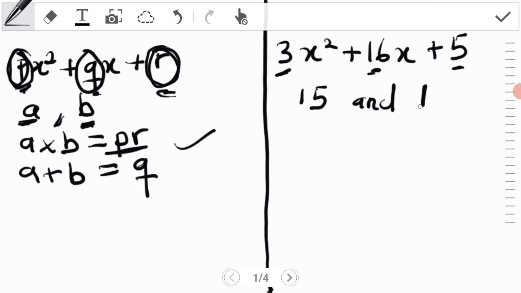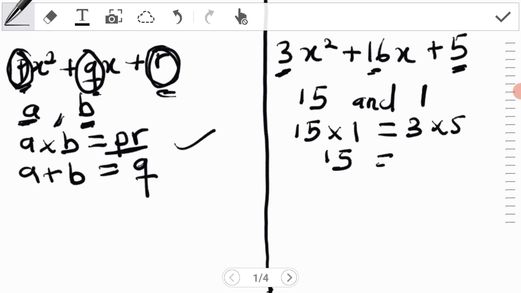If we multiply 15 by 1, we'll get 15. That's 3 times 5, so we get 15 here and 15 here. And when we add 15 plus 1, we get 16, which is this one.